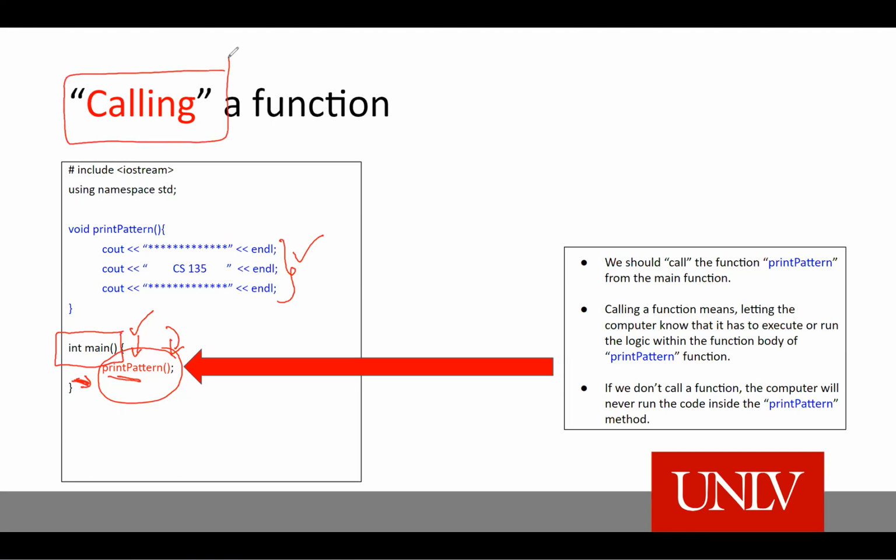Whenever I write functions in C++, it is my responsibility to write the entire function with the 4 aspects that we spoke about, and then also explicitly tell the computer where to run the code that we have under a function.